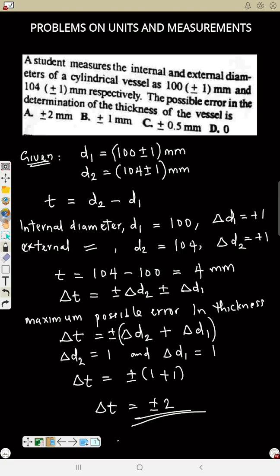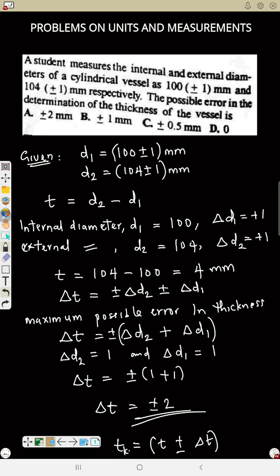But the thickness, if you want to find the thickness will be equals to this result, that is 4. So normally it should be t plus or minus delta t. So if you want to find the real thickness, that means the real thickness, that is t minus d2 minus d1, so will give us this, which is the thickness.